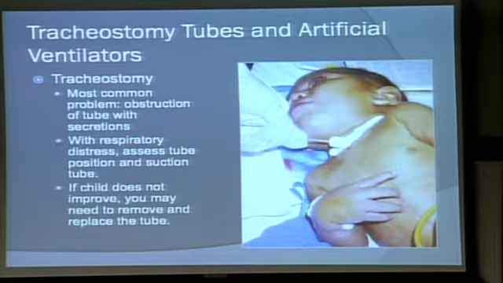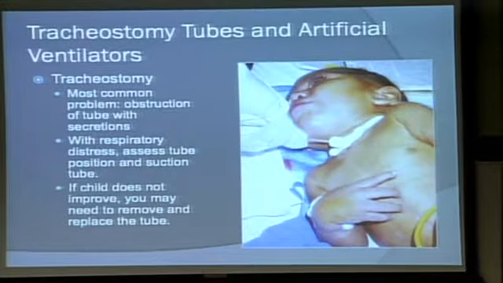Special healthcare needs. We've got a little bit of that around here. Tracheostomies. The most common urgent problem with a kid with a tracheostomy is that the tube gets obstructed with secretions. Assess tube position, suction the tube.